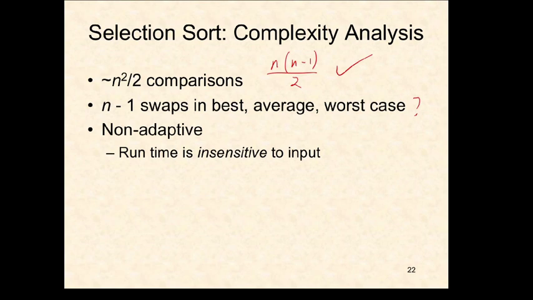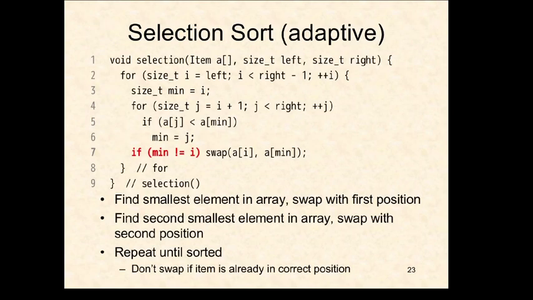So let's look at how we could make this a little bit adaptive. What I could do is just add an if statement. And like I said before, I don't usually put if statements and the body of the if on the same line, but I needed it here to be able to fit the notes at the bottom. So the only thing we changed about selection sort was we added that if. We said if the indices aren't the same, go ahead and do the swap.